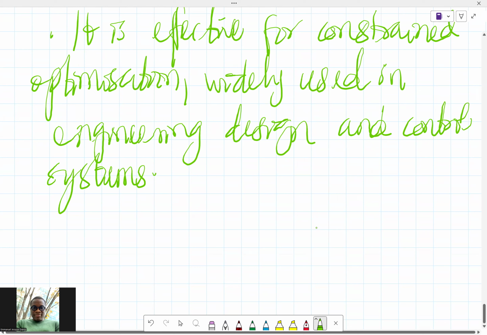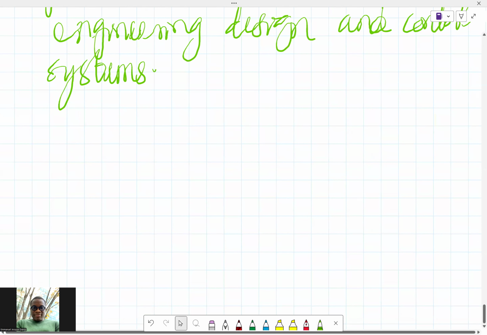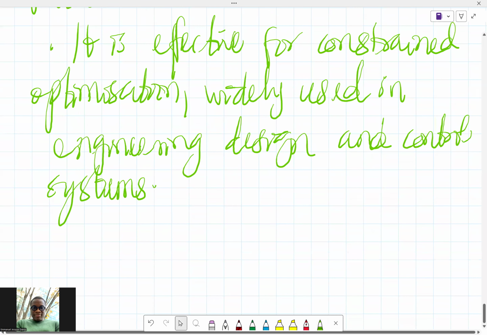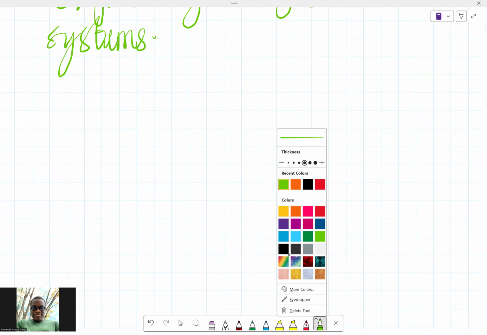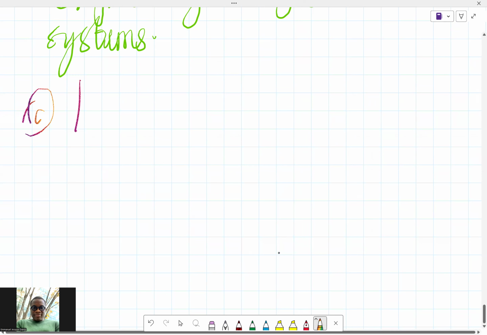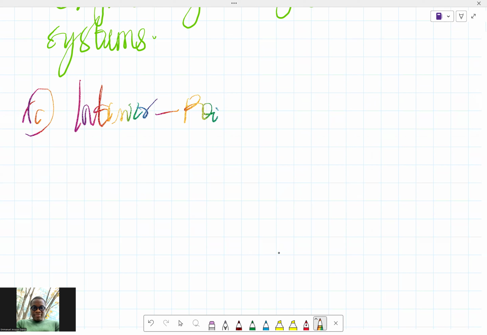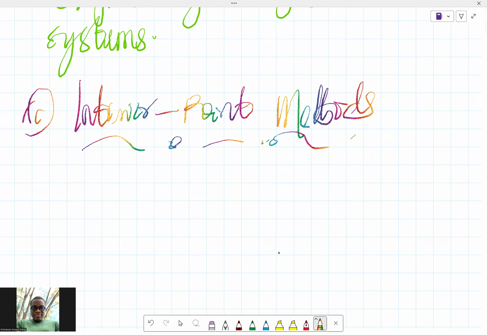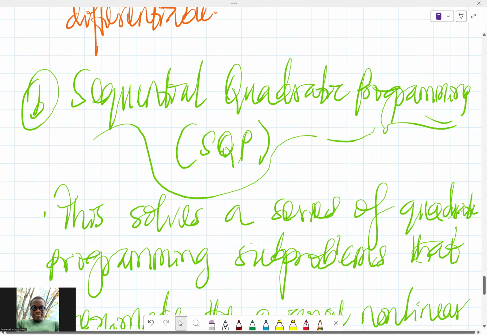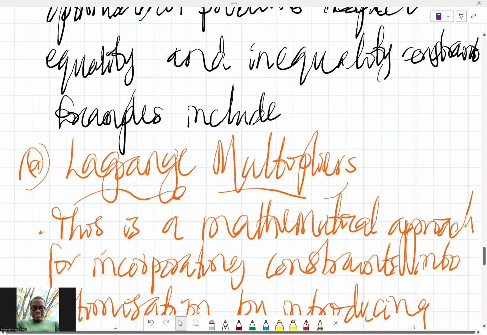We also have the interior point methods, still under constrained optimization methods.